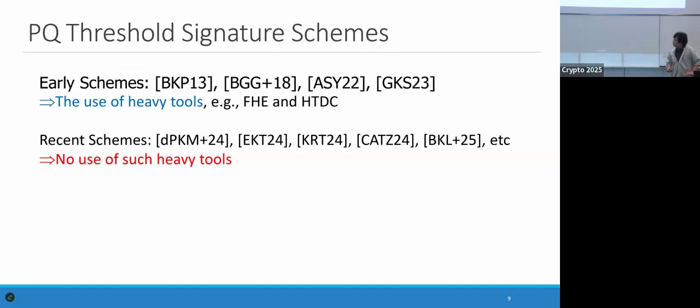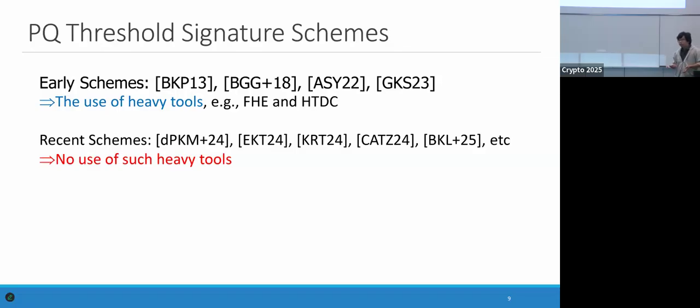Now I review some lattice-based threshold signature schemes. Several schemes have been proposed before 2024, but these schemes use heavy tools such as generic MPC, fully homomorphic encryption, and homomorphic trapdoor commitment.